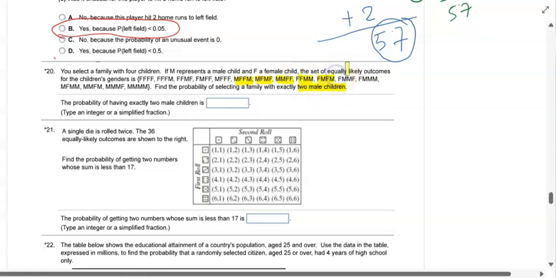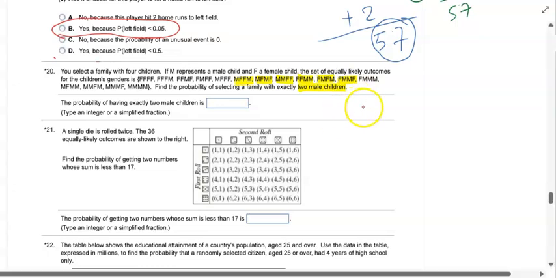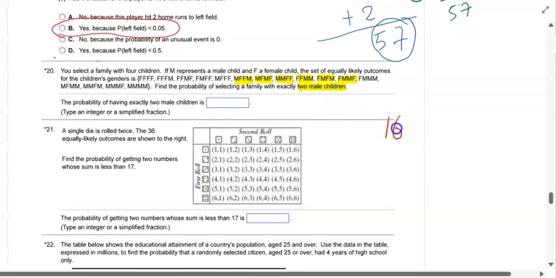I'm looking for 2. Therefore, 1, 2, 3, 4, 5, 6. Out of 16, 6 have exactly 2 male children.